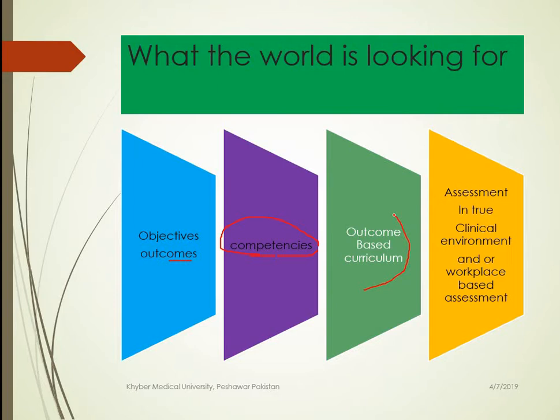But nowadays, for the third generation curriculum, the world is targeting an outcome based curriculum, so that it shall have a trickle down effect. And above all, an outcome based curriculum should be assessed in a true clinical environment, whether it is for clinical pharmacy or a pharmaceutical care plan unit, or in a true working environment like the pharmaceutical industry, where the student is going to prepare pharmaceutical products like syrups, tablets, and capsules.